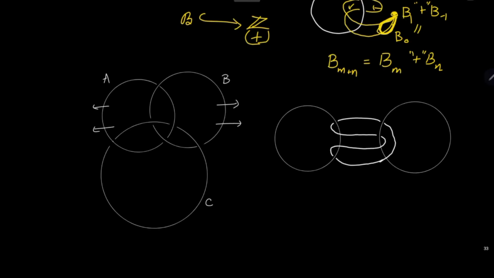So this is where the loop passes below that. And here as well. Here.